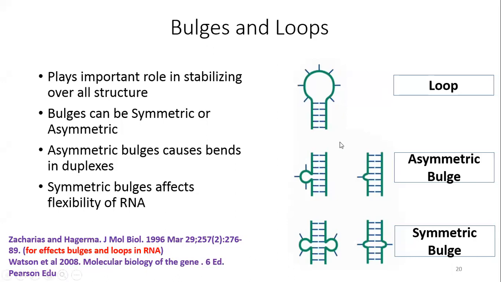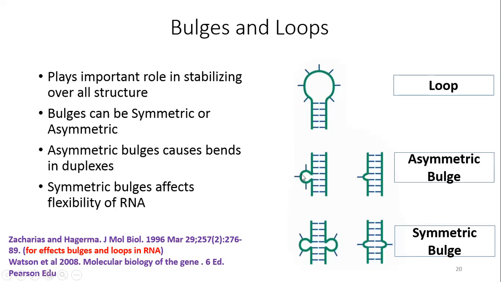Okay, so these bulges can be either symmetric or asymmetric. Over here, what you can see is an asymmetric bulge. Why? Because it happens only on one strand. Over here, what you can see below is called a symmetric bulge. Why? Because the bulge is present on both the strands. An asymmetric bulge, if there is any, can result in bending of the duplex.